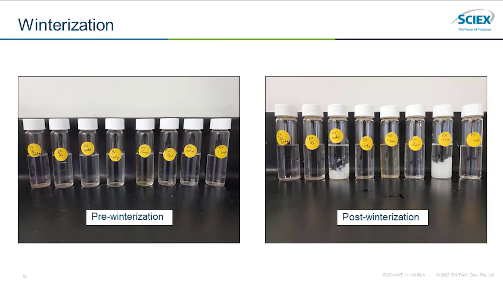So, why bother doing this if it doesn't seem to be helping? And the real reason is it seems to help with column longevity and just keeping the system up longer. So even though it's not helping with our recoveries or the matrix impacts, it is increasing the amount of time we can keep our instrument up and running longer.